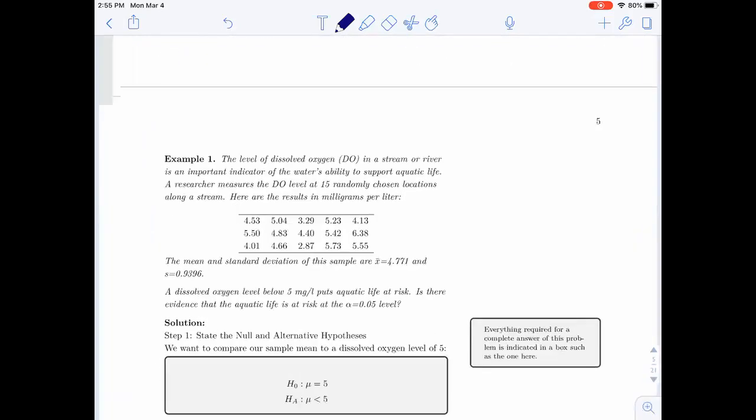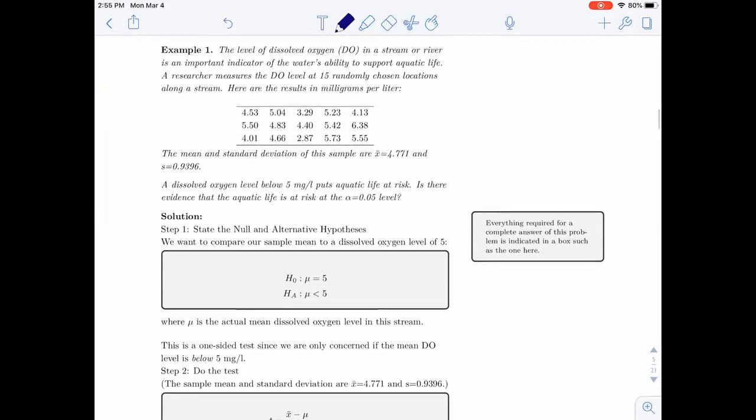So what I've done, let's have a look at this page first. Like I said, there's 2 examples for each little thing that we go through. The first one I've typed out all the solutions, but because I talk around and make little side notes about things that I'm doing as I'm solving the problem, what I've decided to do is that everything that you need to show on a test, for example, for full marks, is in a box like this.